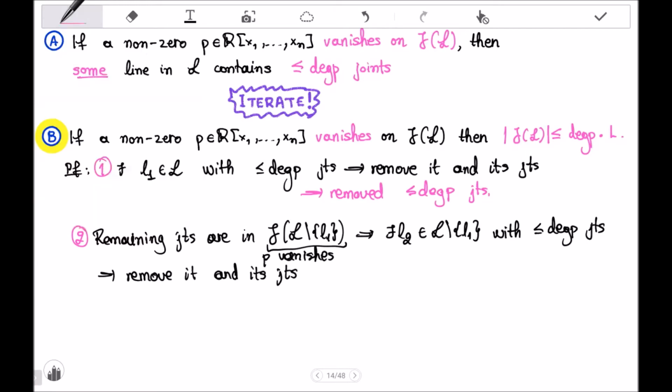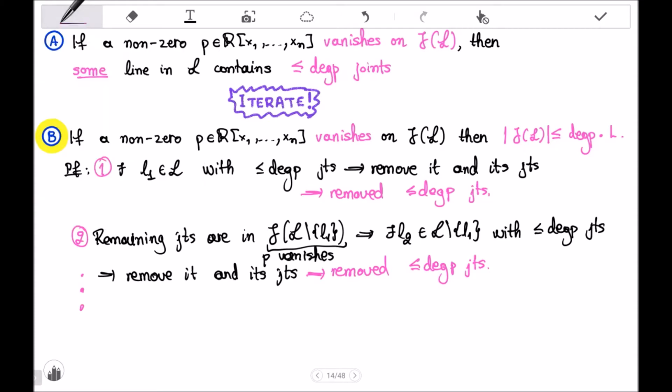So at the second step, we still have not removed too much. We removed at most the degree of P joints again. And we can keep going this way. We're removing the lines one by one. We get rid of all the joints eventually.